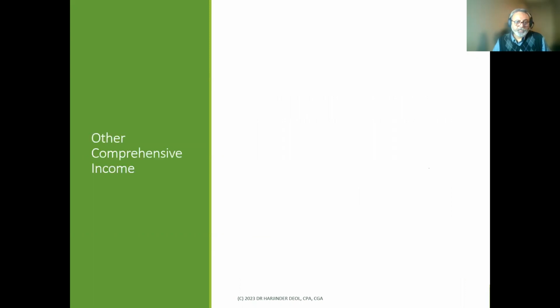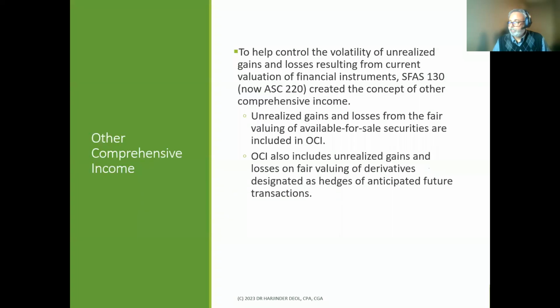We mentioned OCI, and you folks have learned about OCI. The history of OCI is that, following Jim Ohlson's clean surplus model, the accounting standard setters in the US especially began working on this all-inclusive concept of income called comprehensive income, which they said is made up of two pieces: net income and OCI, other comprehensive income.